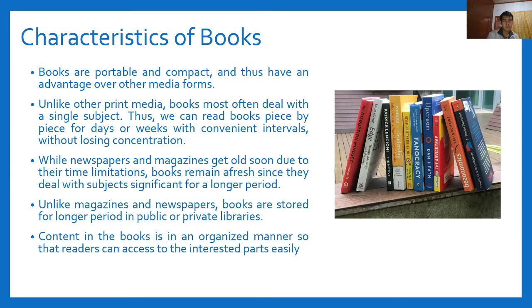So they are stored for a longer period of time in public or private libraries. That's why you can notice that in libraries there are a lot of books, unlike newspapers and magazines. That explains everything. It's also organized in a manner that readers can access the parts of interest easily.